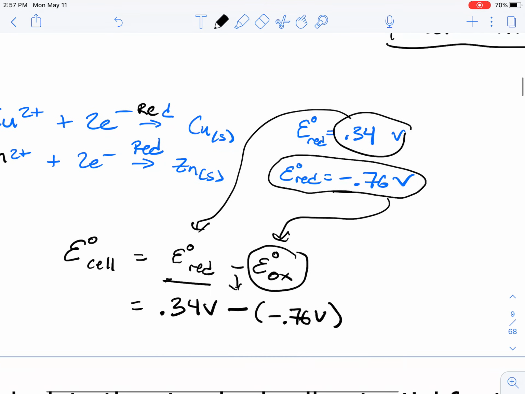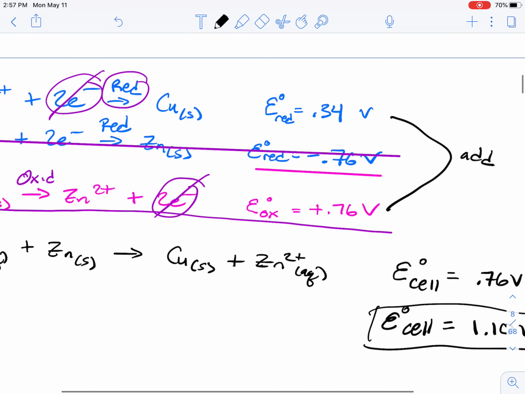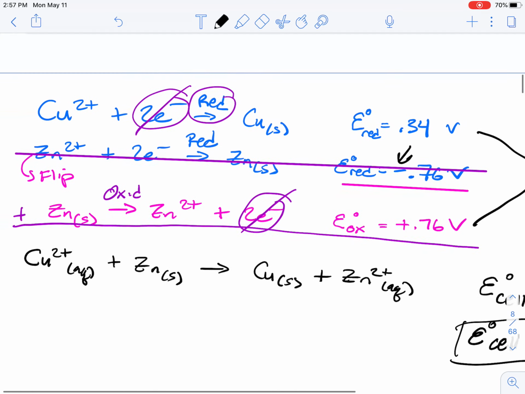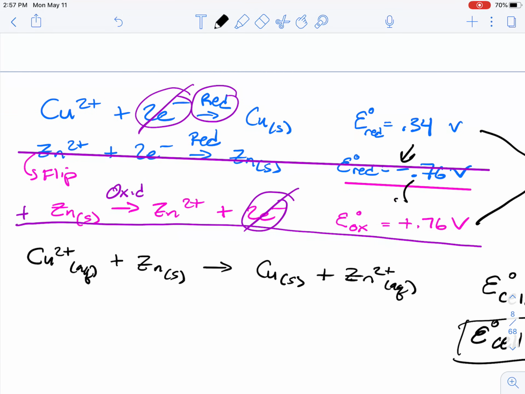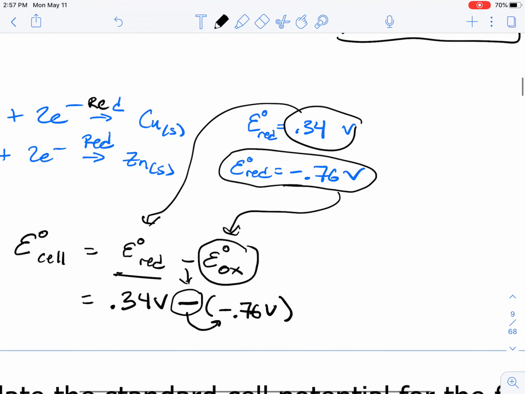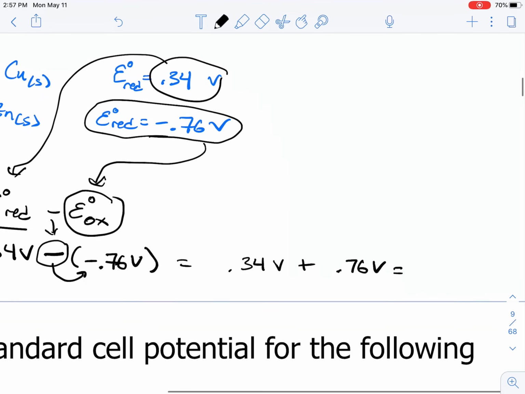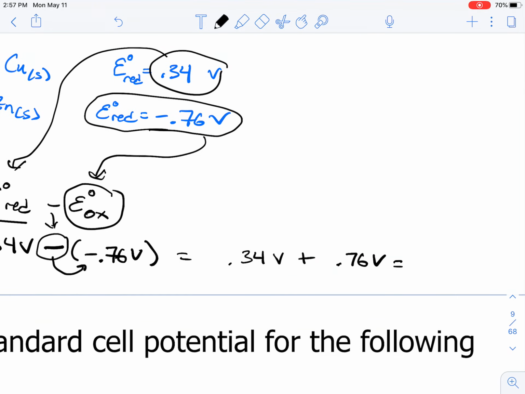And so this negative actually will flip the sign automatically, much like what we did here manually, where we had a negative value here, but then when we flip the equation, we also flip the sign. And so what we get is 0.34 volts plus 0.76 volts. And if you add them together, we'll just get 1.10 volts.